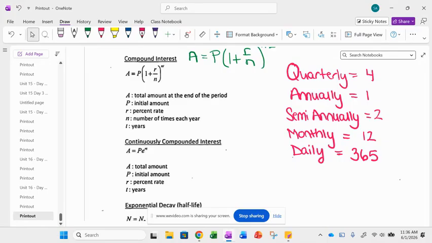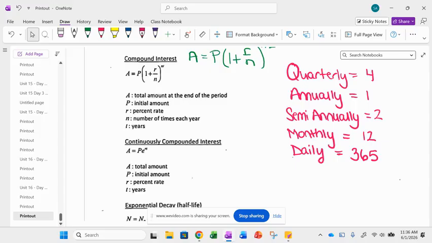So now there's your compound interest formula, and then there's continuously compounded interest. The difference between your compound interest versus continuously compounded interest is that for continuously, it's exactly what it says. It's continuously compounding that interest immediately on itself. So the way you would know which formula to use is in the word problem. It will literally say continuously compounded.